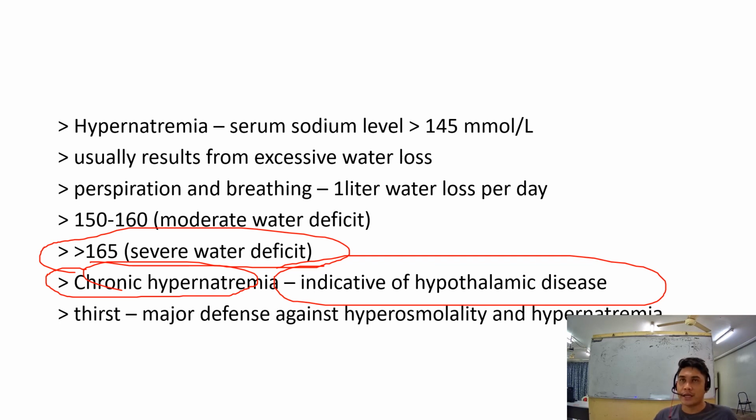If there's an increase in sodium, glucose, or urea, your body will activate your thirst mechanism. That's why after eating cake, your body gives you a signal to drink water, because of the increase in osmolality.